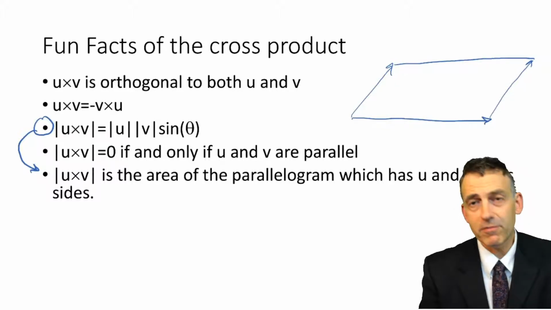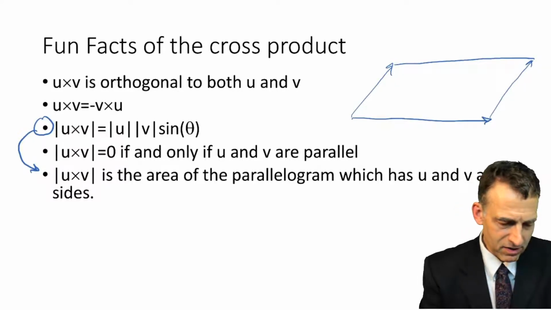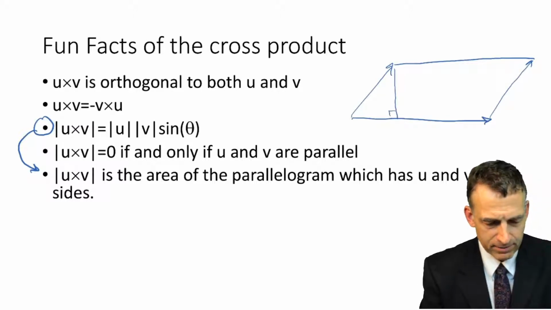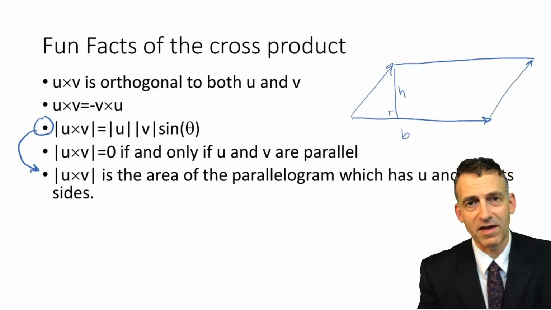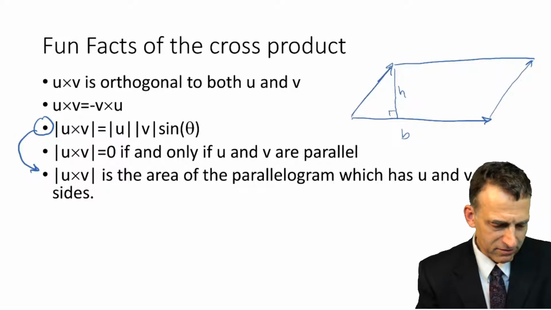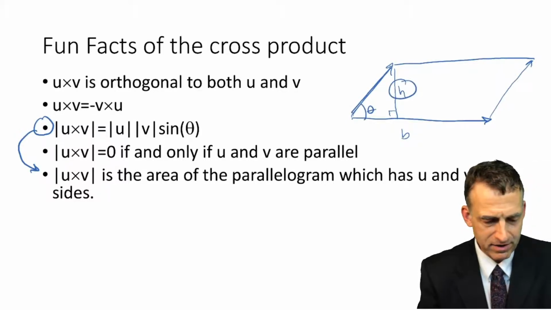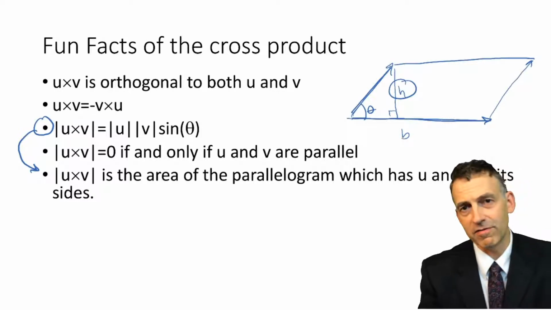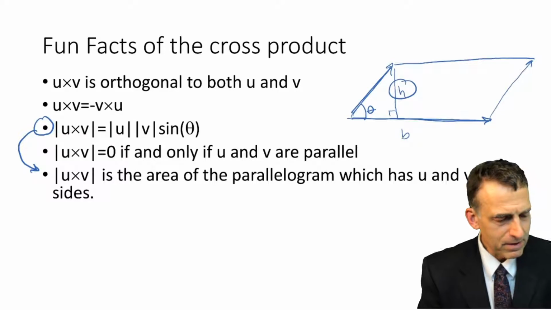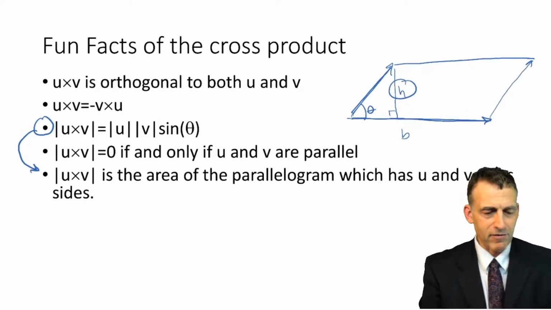The parallelogram's area is the base times the height, a formula you know from geometry. The magnitude of this vector times the sine of this angle is the height, and the base is the magnitude of that vector.